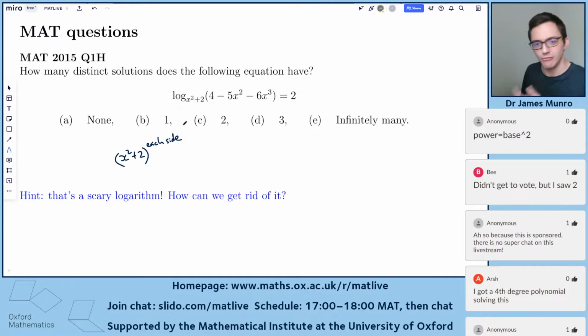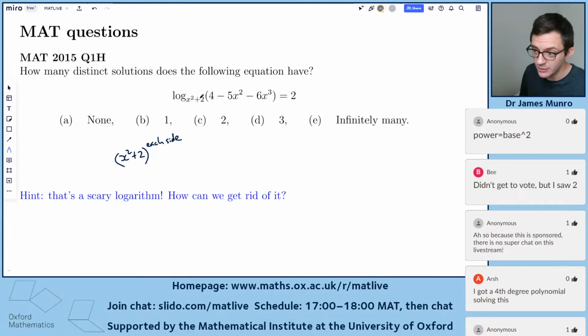That's never been the right thing to do in any question I've seen before. It's probably never going to be the right thing to do in any question I see in the future, but I really think that x squared plus 2 to the power of each side has got real potential to work out here. If you try this on general equations that you've been given, then normally it just descends into madness.